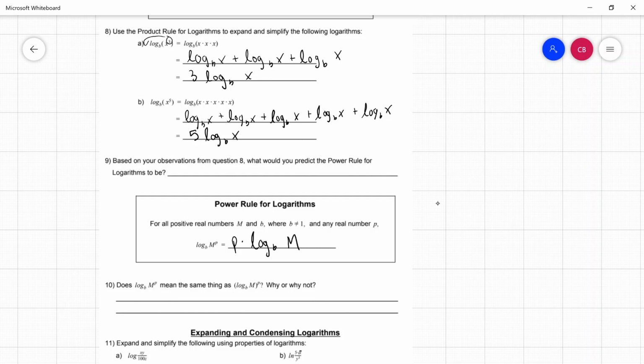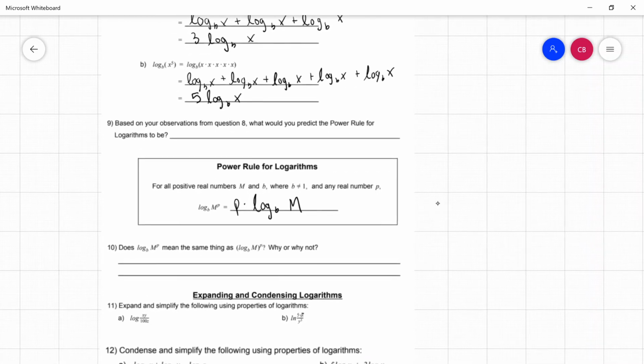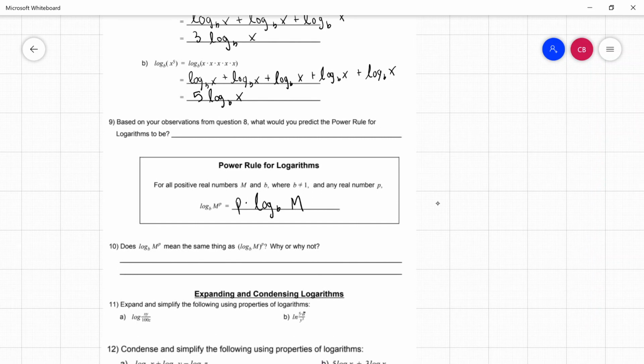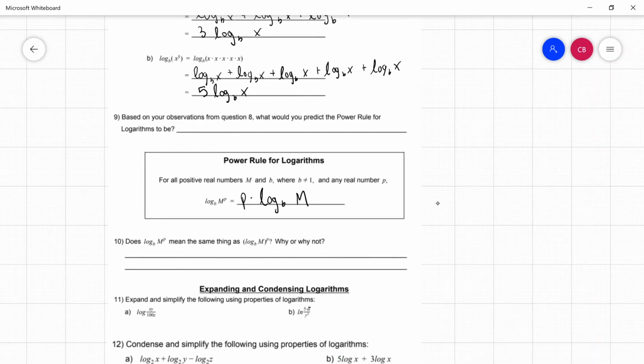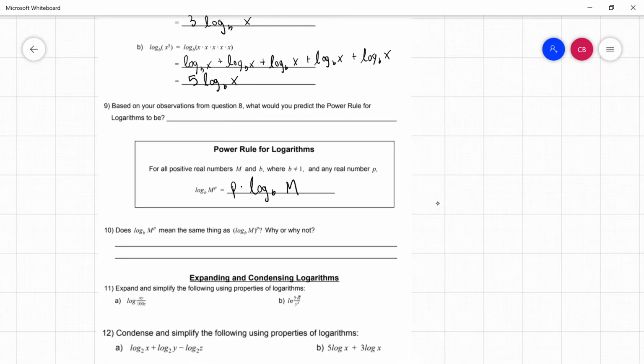Okay. Does log b of m to the p mean the same thing as this? For that one, I'm not entirely sure right now. Let's look at it.